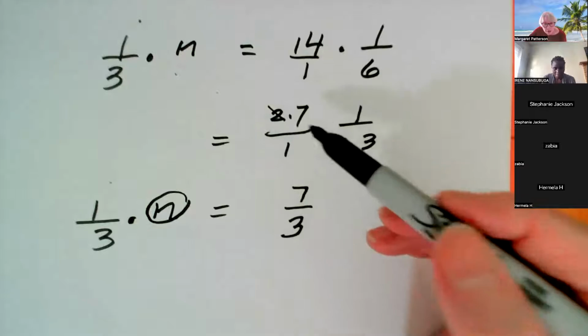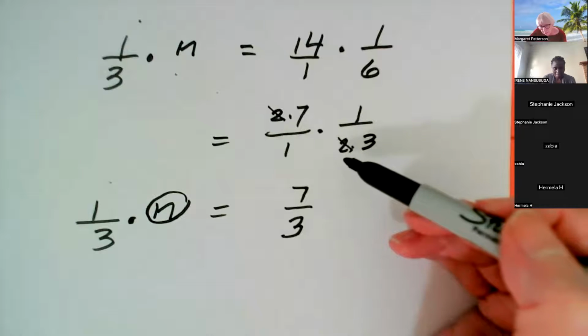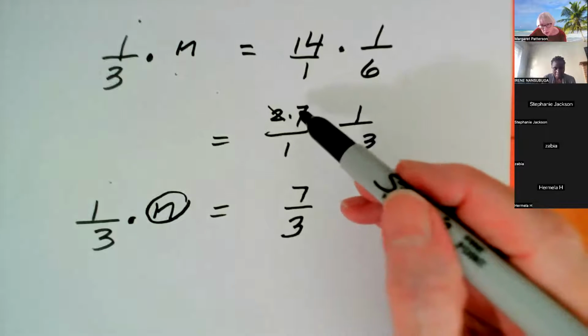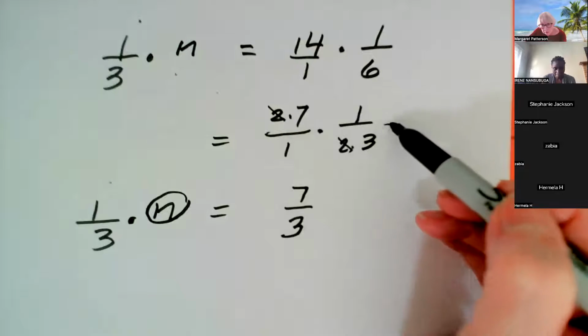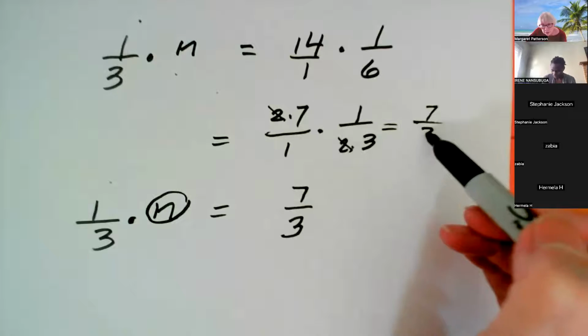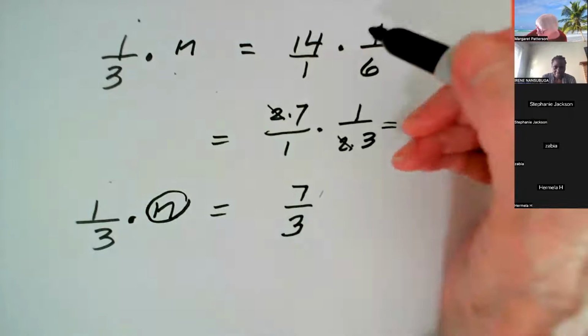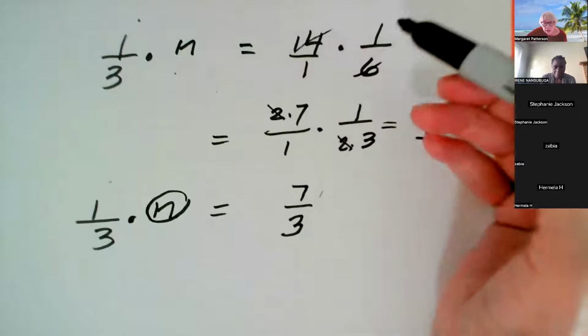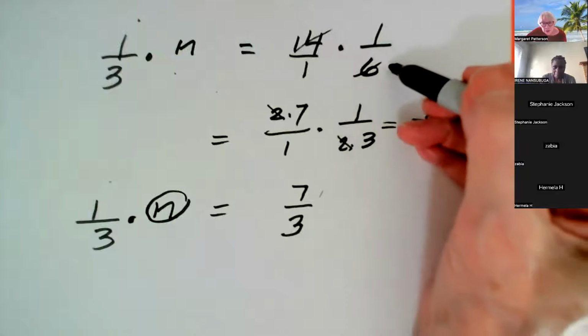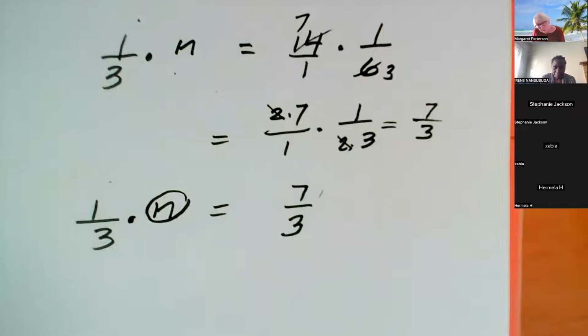What I did was just take out a pair of 2s, a 2 on top with a 2 on the bottom. And then I multiplied across. 7 times 1 is 7, and 1 times 3 is 3. So that's how I got 7 over 3. Now, other people learn to cancel like this. So 2 into 6 is 3, 2 into this is 7. Same thing. It just depends on how you learned.